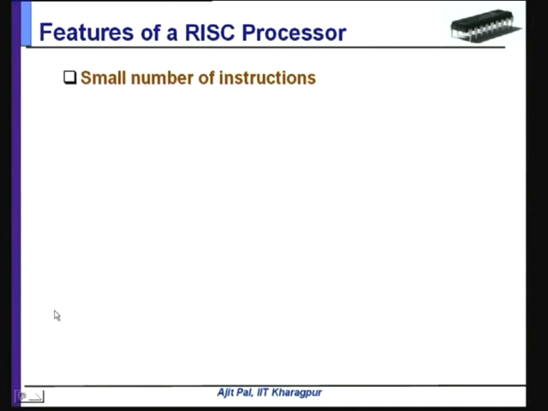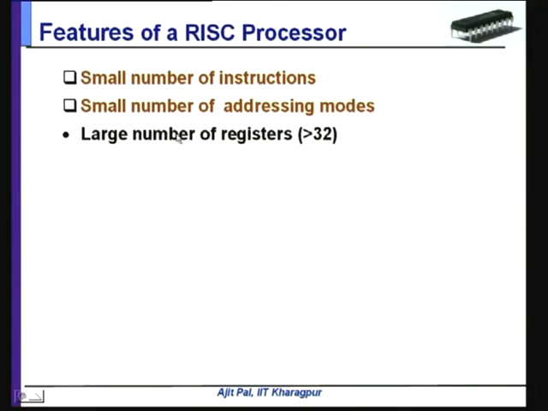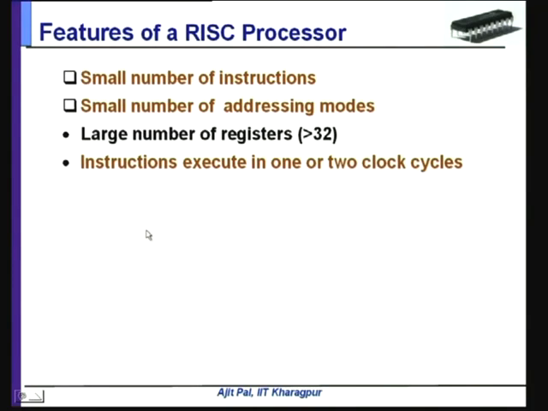On the other hand, the RISC processors have a small number of instructions, a small number of addressing modes, and a large number of registers. This is one very important feature of RISC processors. Instructions execute in 1 or 2 clock cycles.